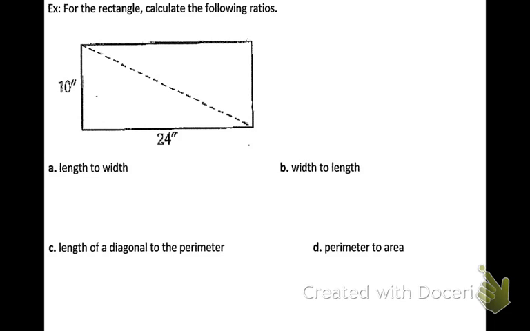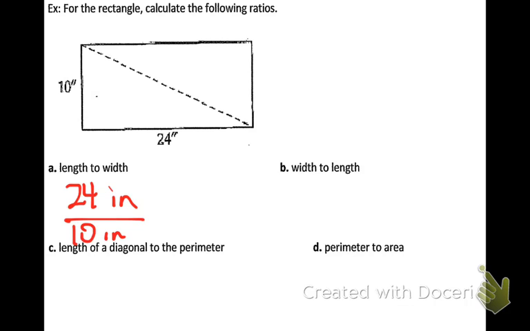For the rectangle, calculate the following ratios. So when I calculate the ratios, we're going to say length to width. We'll call 24 inches the length. So we have 24 inches over 10 inches.